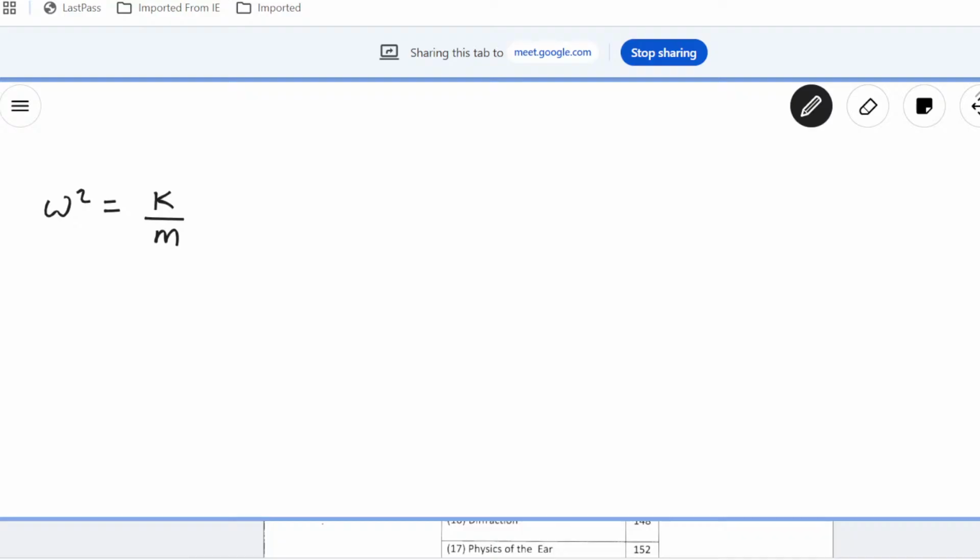We know that omega is 2 pi over T. You could have just used the equation for time period if you knew it, which would have been T equals 2 pi root m over k.